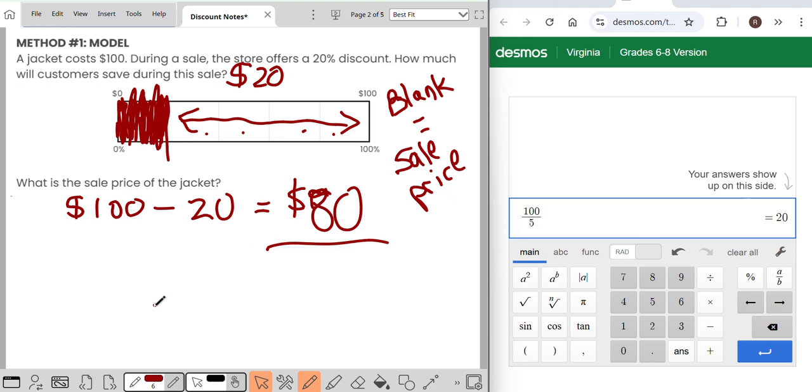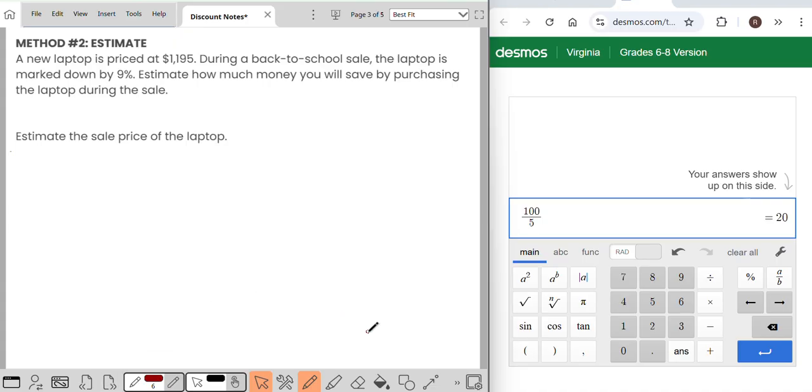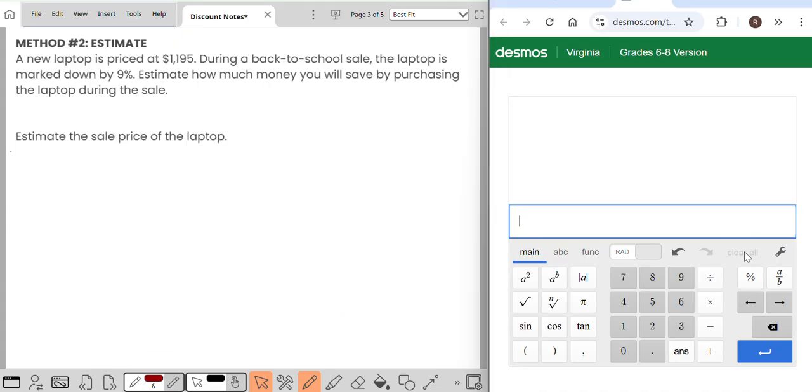All right, let's go ahead and try method number 2, which is estimating. All right, a new laptop is priced at $1,195. During a back-to-school sale, the laptop is marked down by 9%.